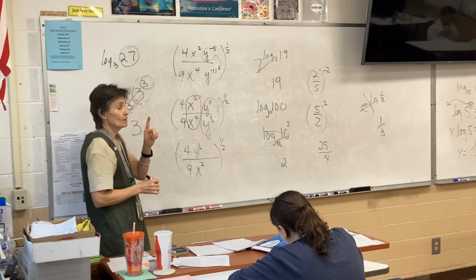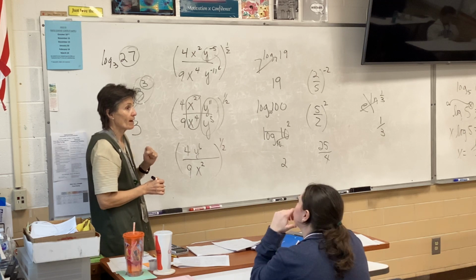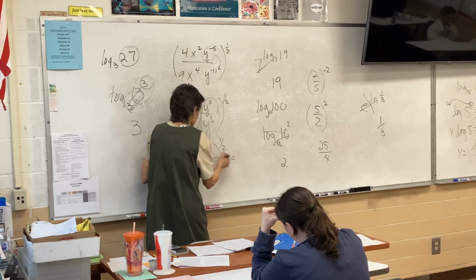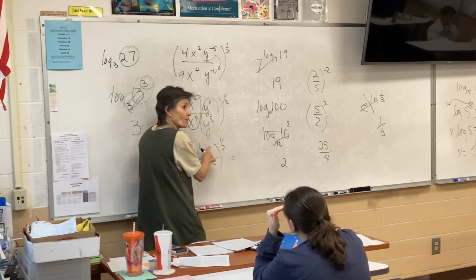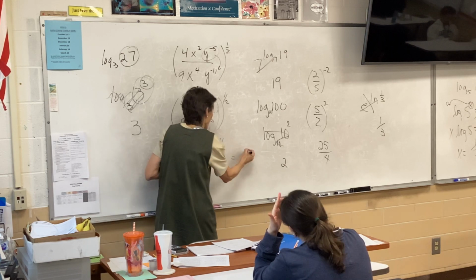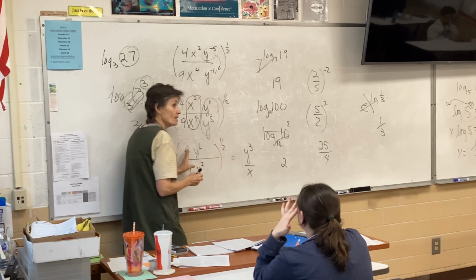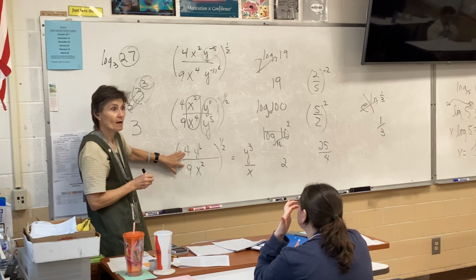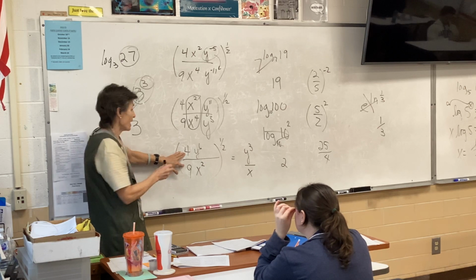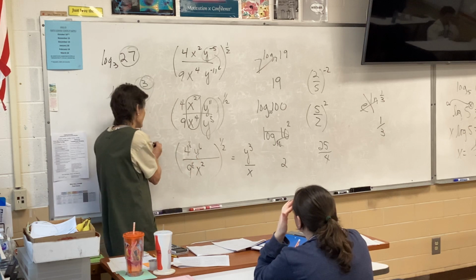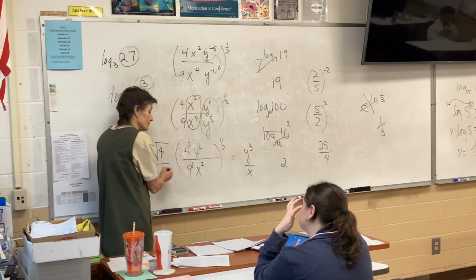Now, we're taking everything to the 1/2 power. Now the exponents are easy. We multiply these, right? So that's gonna be y cubed and x. But what you need to remember with the numbers is a 1/2 power means a square root.